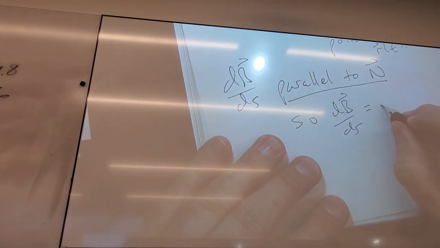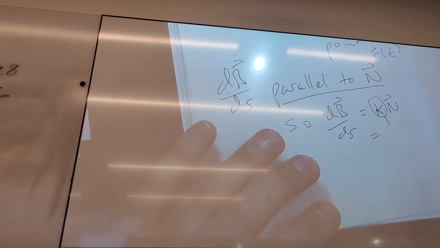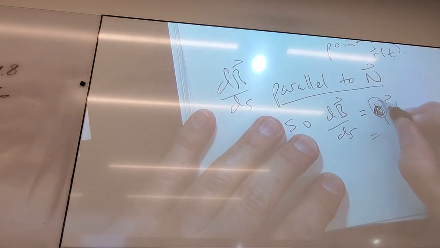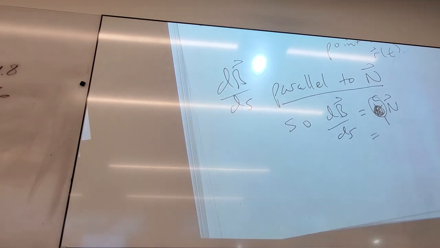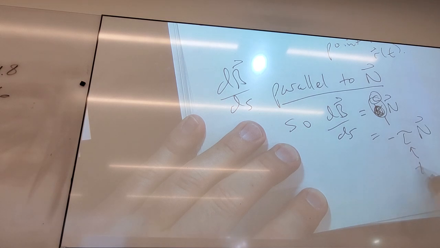The way we define it, it's some proportionality constant times the normal vector, and we call this k, which was a bad choice, I'm sorry. We use the letter k for proportionality all the time. If you want to, you just put C. That's the proportionality constant. And we choose to call this negative tau. This is the variable of torsion.